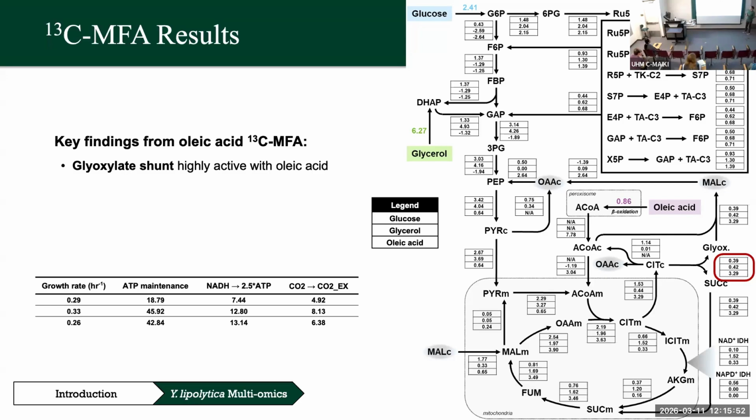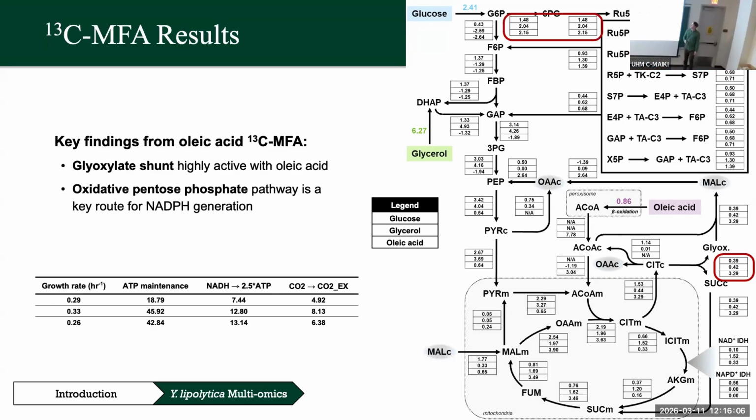One of the key findings was that the glyoxylate shunt is highly active. So we see the carbon flows into the mitochondria and then back out and then around there, and eventually it flows all the way up to the pentose phosphate pathway. That's the key place where the majority of the NADPH is generated, which was not exactly what we would have thought.